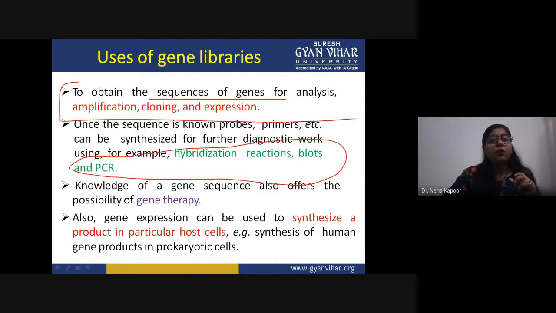Furthermore, the knowledge of a gene sequence will also offer a major application or possibility in gene therapy, if the gene sequence is known. However, if you want to go for gene expression studies, we can use these studies to synthesize a particular product in a particular host cell.